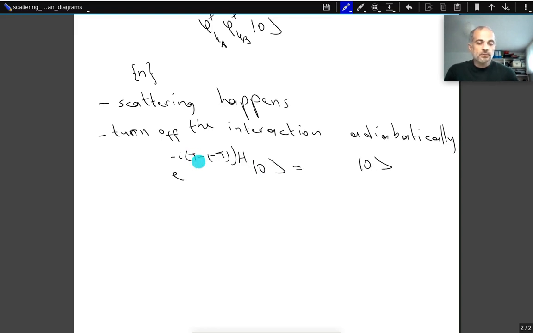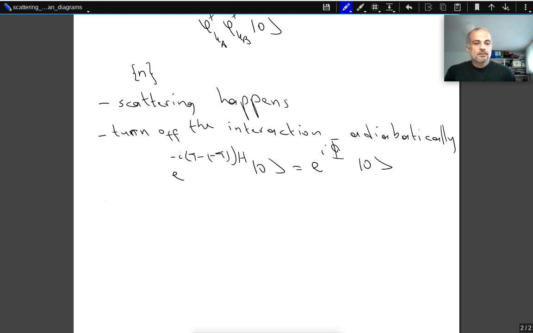And keep in mind that we are of course taking the limit as this capital T goes to infinity. But of course, the adiabatic theory only tells us that it will stay in the same state, and the only possible change in this state is just a phase, some unknown phase.